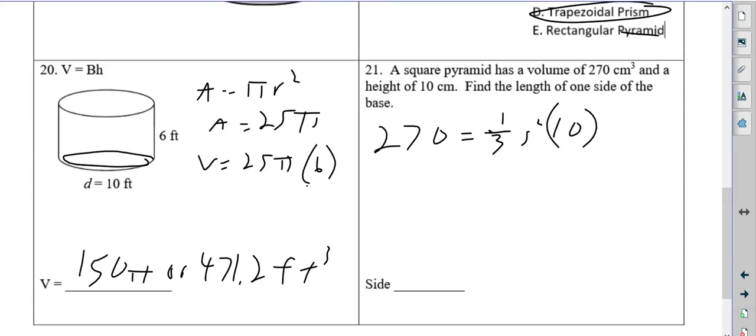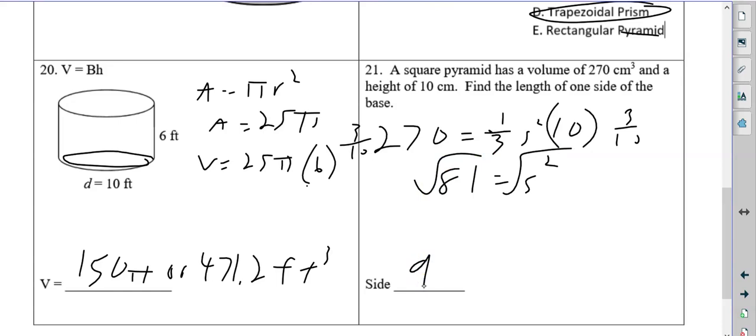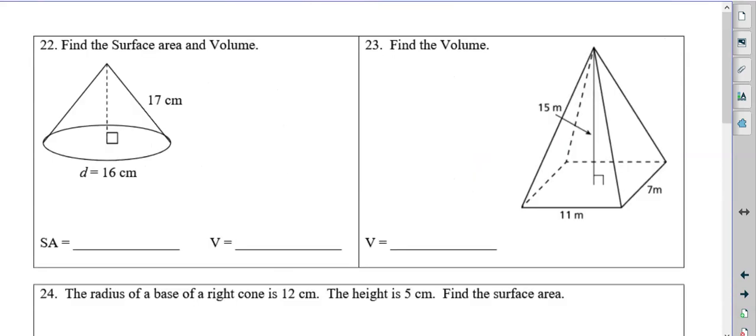So if we multiply both sides by 3 over 10, we get 81 equals side squared, square root both sides, one side is 9. All right, find the surface area and volume.